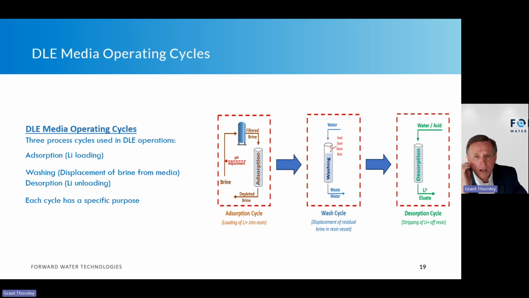There's washing, which is an intermediate step between the absorption and desorption, and the washing step displaces brine from the media. And the last one is desorption, which is unloading of the lithium from the media. Each of these cycle processes has unique operations and operating requirements.